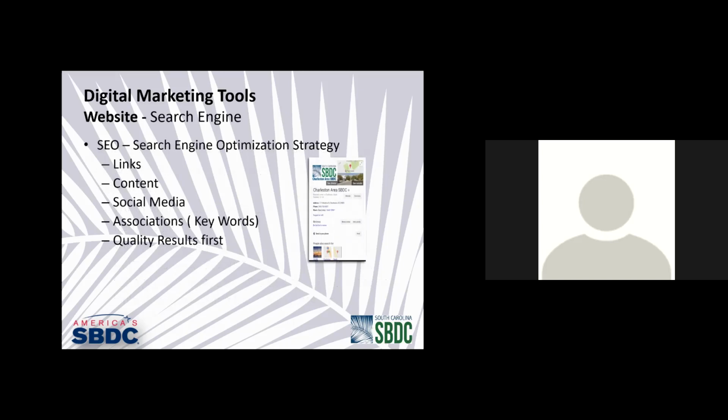So these are your digital marketing website things we talked about here. Search engine optimization strategy. What links do you want to put in there? What content is important that you know people are looking for when they might be looking for your business? Back to the plan. What are your strengths? What are your weaknesses? Avoid your weaknesses and emphasize your strengths on your website.